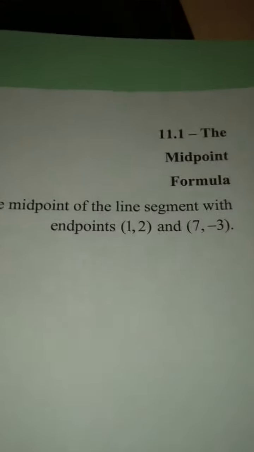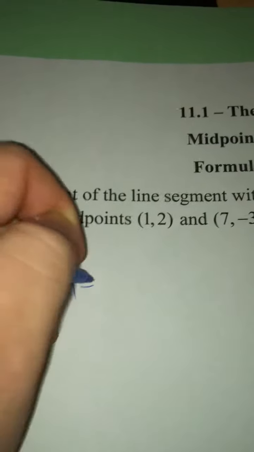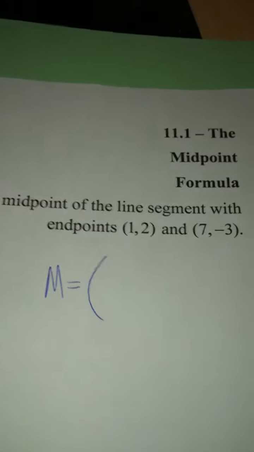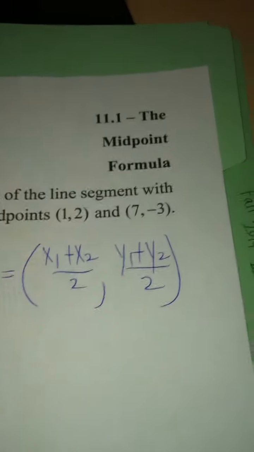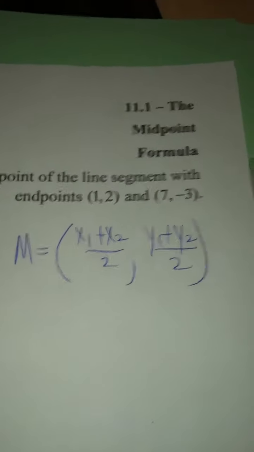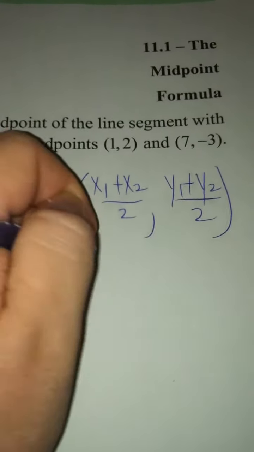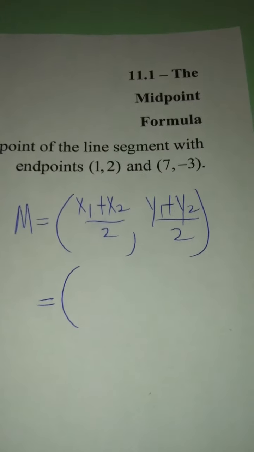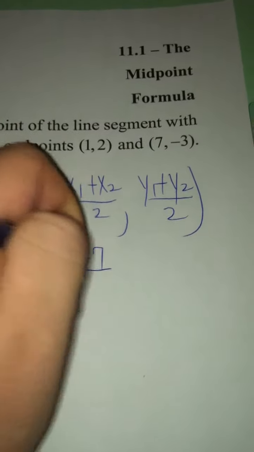The first step is to write down your midpoint formula. So the midpoint formula is, as an ordered pair, x1 plus x2 divided by 2, and also y1 plus y2 divided by 2. Pretty straightforward formula, just watch your signs. And we're going to plug in our x values, 1 and 7.